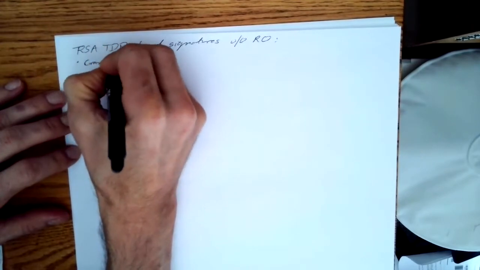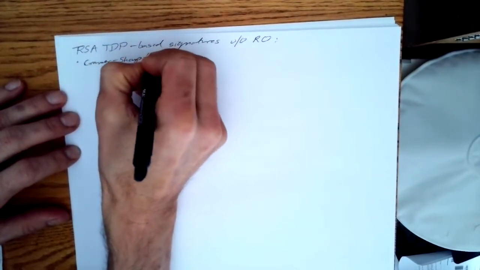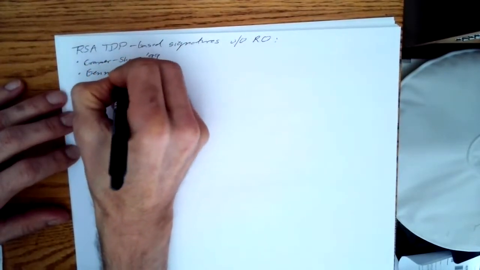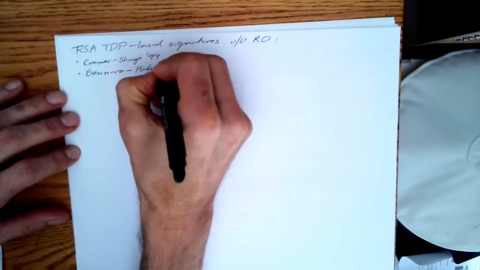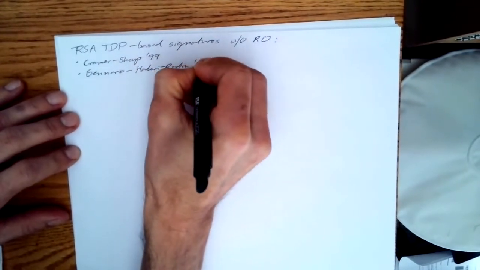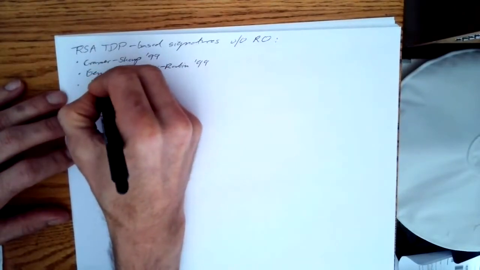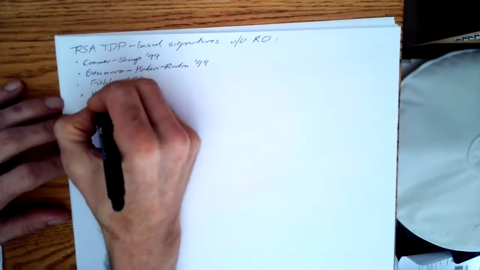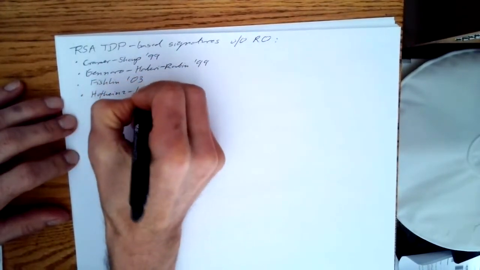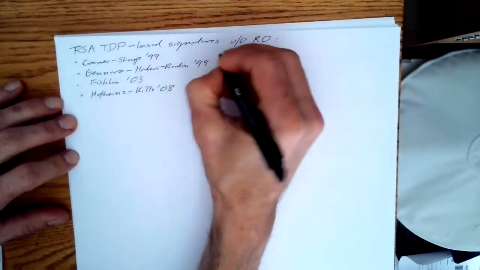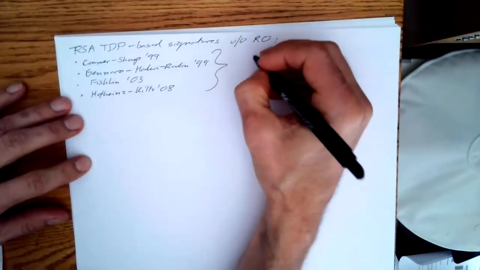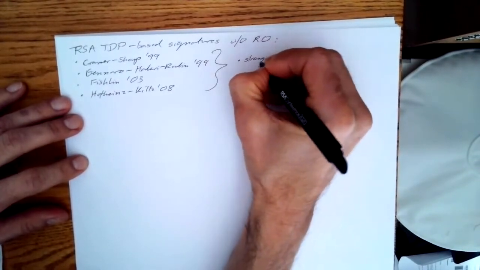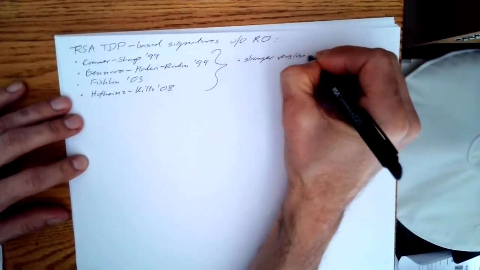The first was by Cramer-Shoup, '99, Gennaro, Halevi, Rabin, Sander, Tishlin, '03, Hofheinz, Kiltz, '08. They all avoid it, but they all have a stronger version of the RSA assumption.